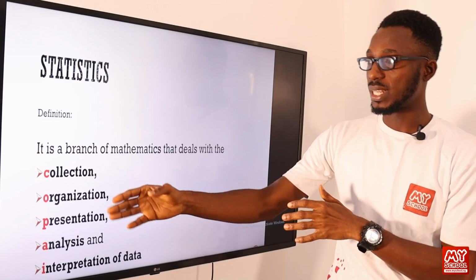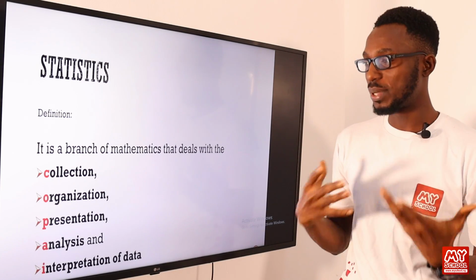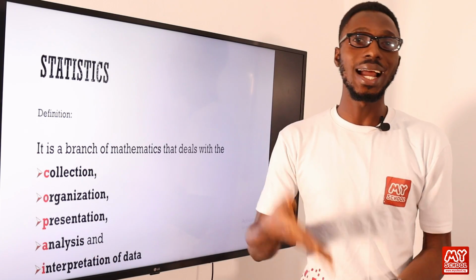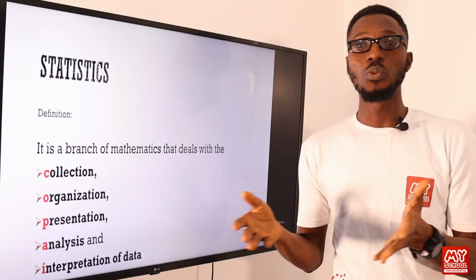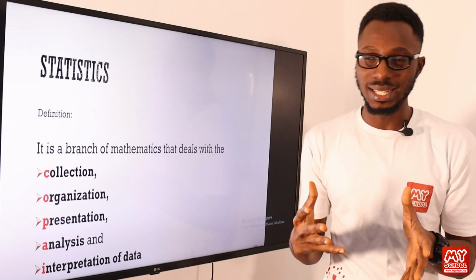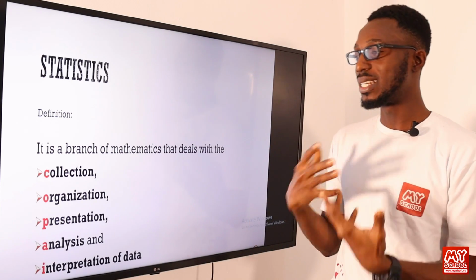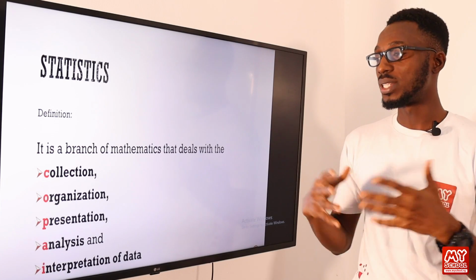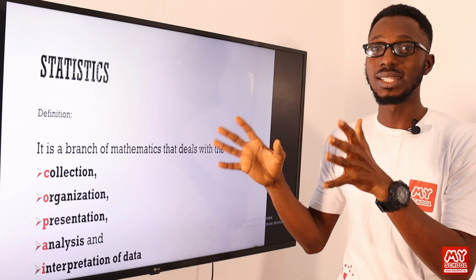All of this is basically for you to be able to access the information or package it properly, to look presentable. Then you want to analyze it, because the data is not useful when you just package it. You've collected it, you've packaged it, but you are not able to analyze it, and the reason for analysis is for you to interpret it so that you can derive useful information or whatever you want to do with the data. So basically, this is what statistics entails.